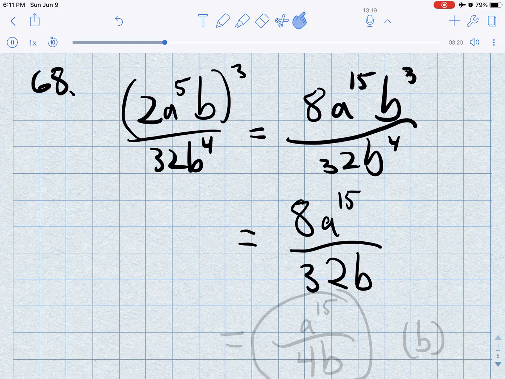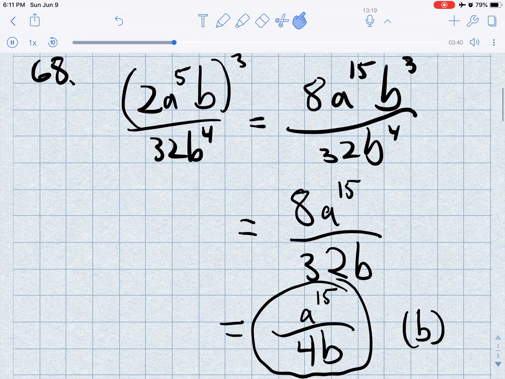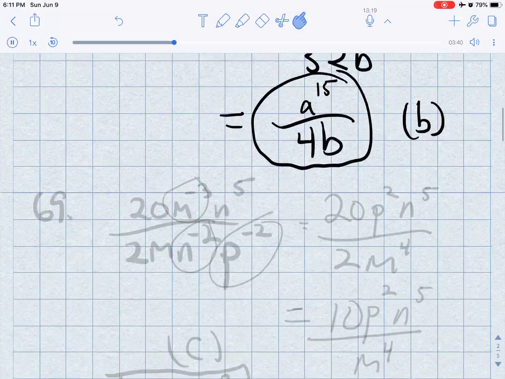This can be further simplified because they're both divisible by 8. So 8 divided by 8 is 1, so I'll just have 1a to the 15th over 4b. This is the final answer for 68, a to the 15th over 4b, which is choice B for 68.